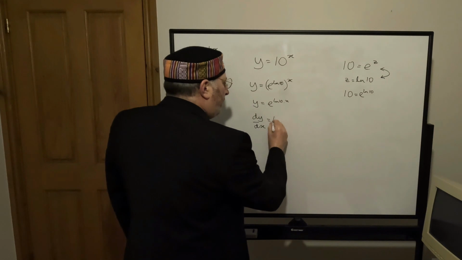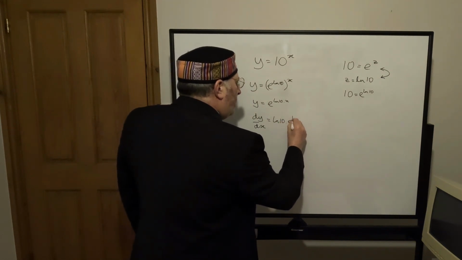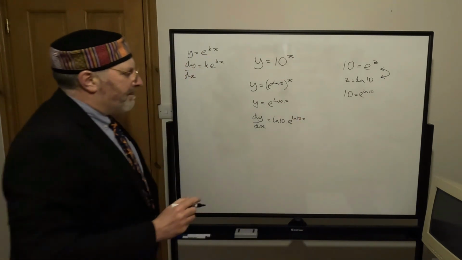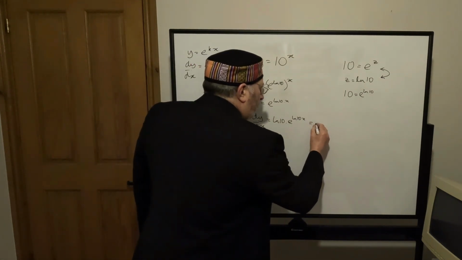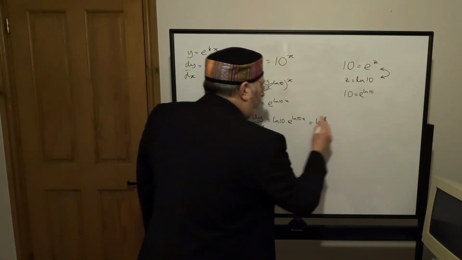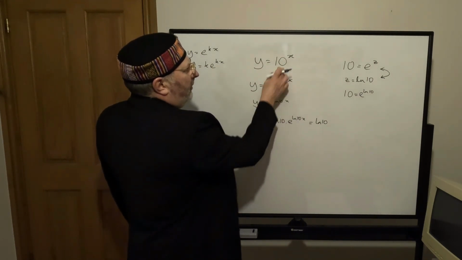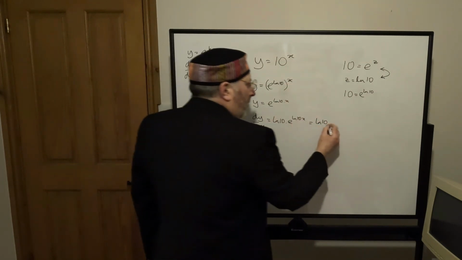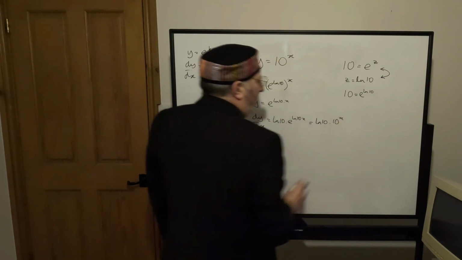So dy by dx is equal to log 10 times e to the log 10 x. And we can write that, log 10 times e to the log 10 times x is the same as 10 to the x from here. So we can turn that back into 10 to the x.